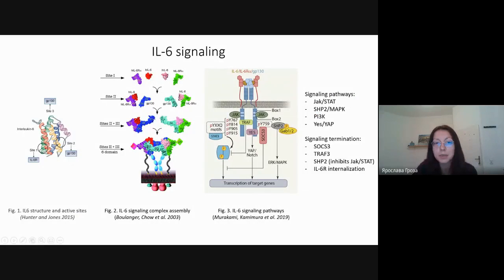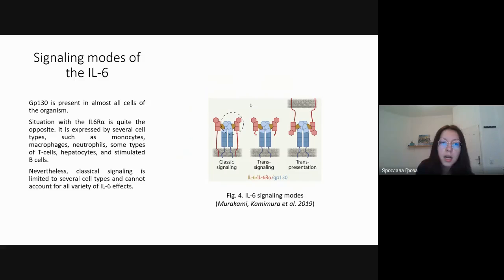So interleukin-6 binds its alpha receptor, and then this complex assembles with beta receptor, and then two of such trimers assemble into the hexamer, the functional unit. The alpha receptor is required for complex assembly, while the beta receptor is able to transfer the signal of the cytokine through different pathways like JAK-STAT and MAPK.